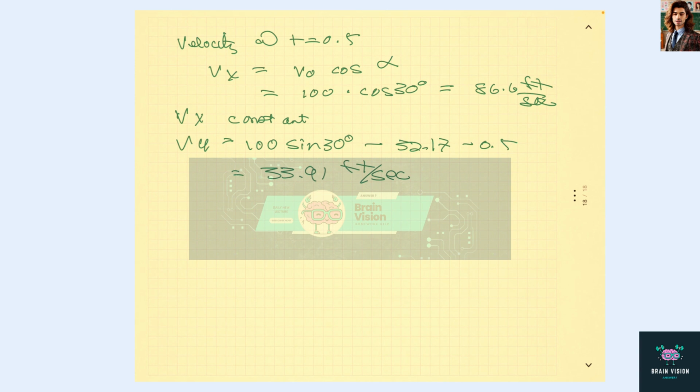So now we can get our v, and that will be the square root of 86.6 squared plus 33.91 squared, and that will equal 93 feet per second.